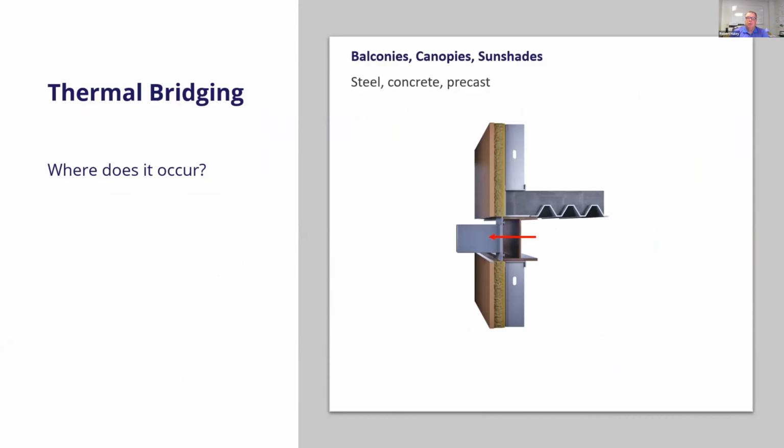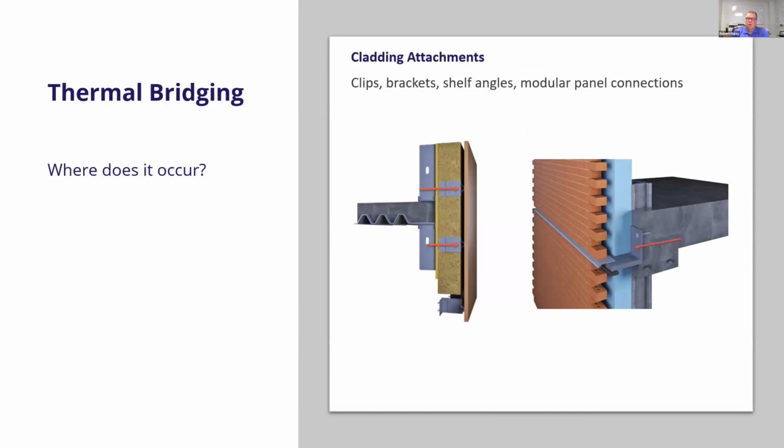It can occur at balconies and canopies and sunshade connections where the structural elements penetrate the thermal envelope or pass directly through the exterior insulation. It can occur at cladding attachments, such as metal Z-girts or aluminum or carbon steel clips and rail systems. It also happens at relief angles and shelf angles for masonry veneer design.